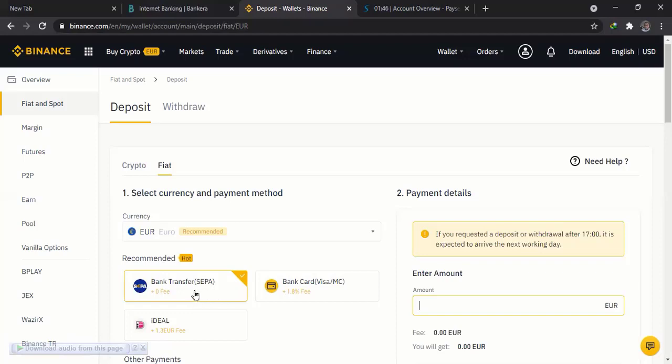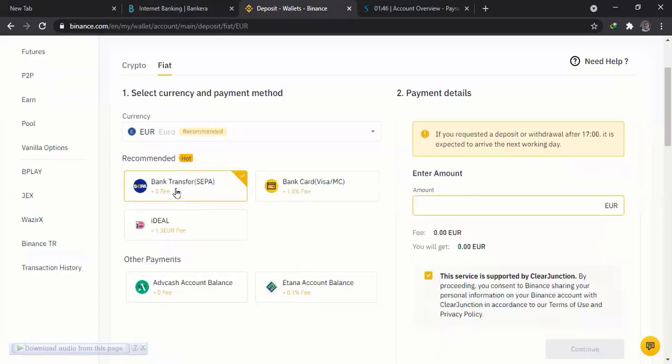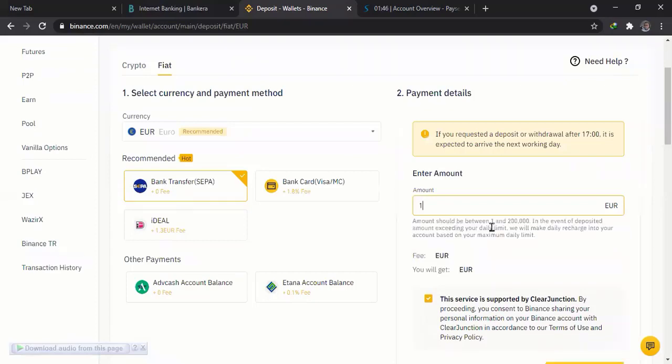So a deposit by SEPA transfer is free. There's 0% commission. And if you come here, you can see if I enter in one, the minimum amount you can deposit by European SEPA bank transfer is 1. The maximum is 200,000 euros. So it's got those benefits: there's no commission, and it gives you a wide range you can transact.